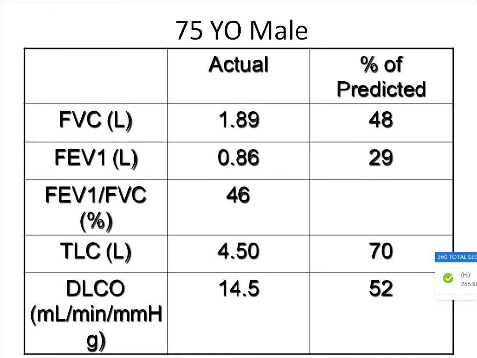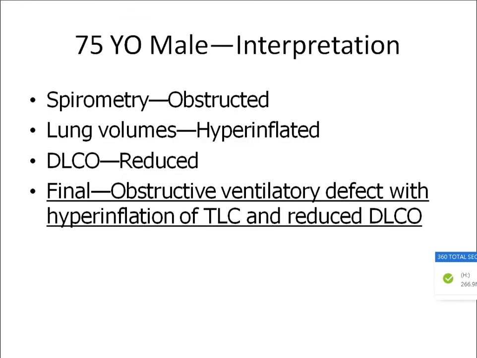The TLC is slightly diminished, so that's why we can accept this. So this is an obstructive ventilatory defect with hyperinflation. Hyperinflation means TLC is not significantly decreased, and the DLCO is decreased.